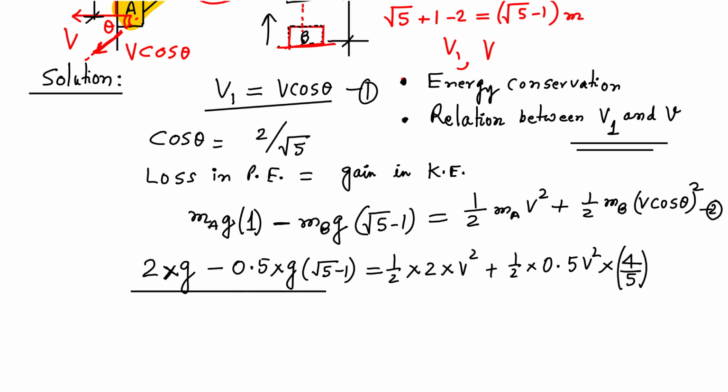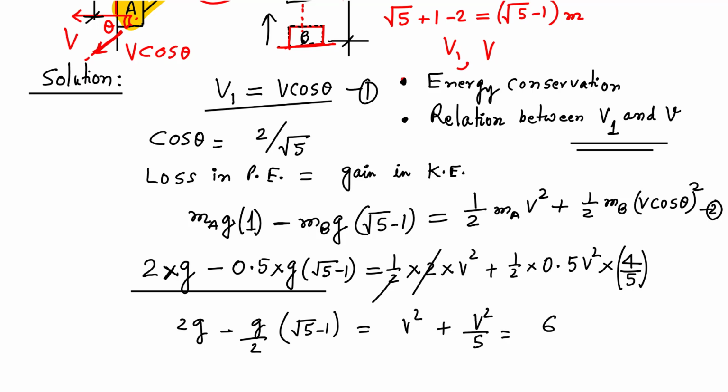So here you can say this is 2g minus 0.5, so this will be g by 2, root 5 minus 1, and this is equal to V square plus, this gets cancelled out, and then in that case 1 by 4 gets cancelled out, so you will have V square by 5, so this is 6V square by 5.